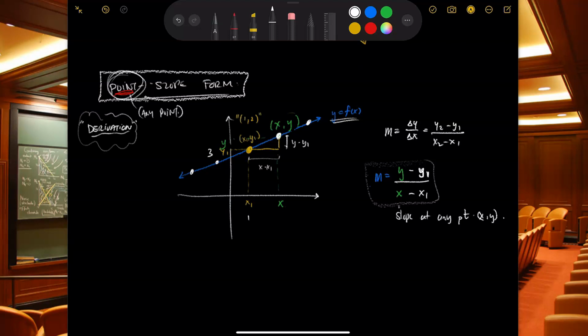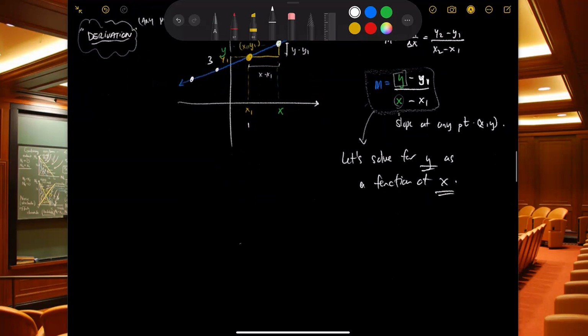So here's the thing. What we can do is actually solve this for y as a function of x. Right? Because we know that y is the output if x is the input. So, here's my input x, here's my output y. I can solve for this in the general form. So if we go ahead and do that: m equals y minus y1 over x minus x1. So what do I do to solve for y here?